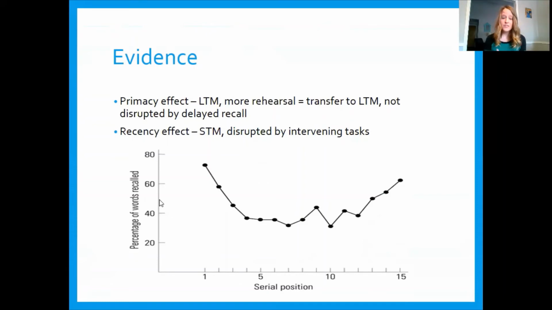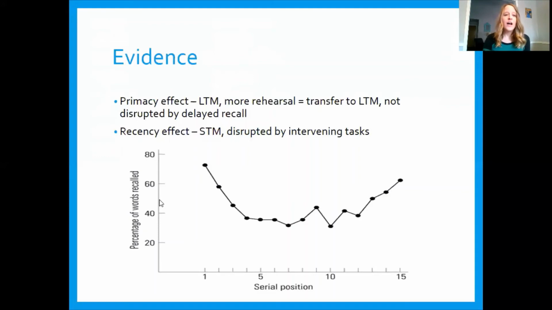And in fact, researchers find that usually the first words that are written down are those words that are at the end of the list. So suggesting that they're in short-term memory and that people need to write them down quickly before they fade or decay from short-term memory, right? As we can only hold that information for a short period of time before we lose it. So we write it down first, and then we write down words from the beginning of the list that we are retrieving from long-term memory.